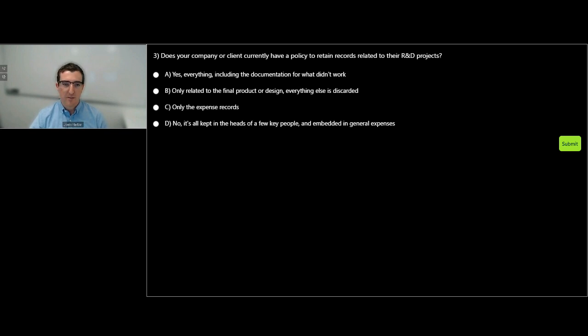So yes, you can claim federal as well as whatever states are applicable. That's totally acceptable. So let's see, we've got a few more people we're waiting on. Give it just another second here. All right, we can go ahead to the results.